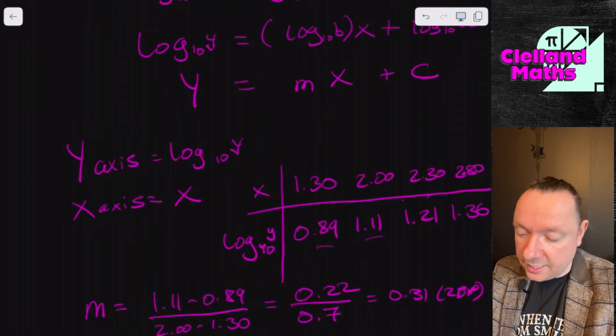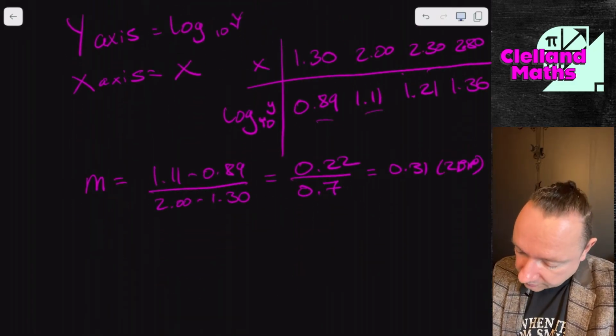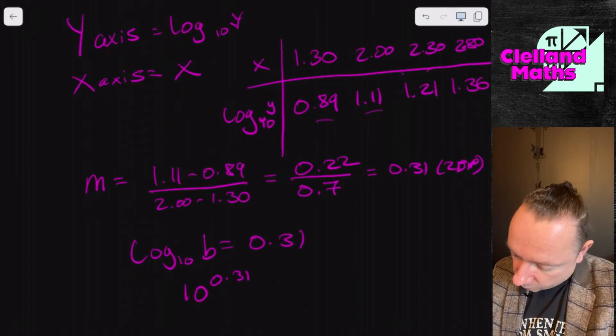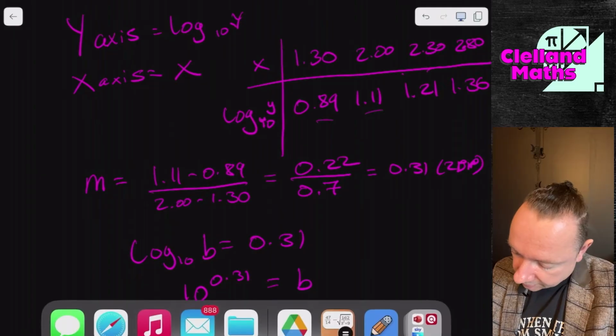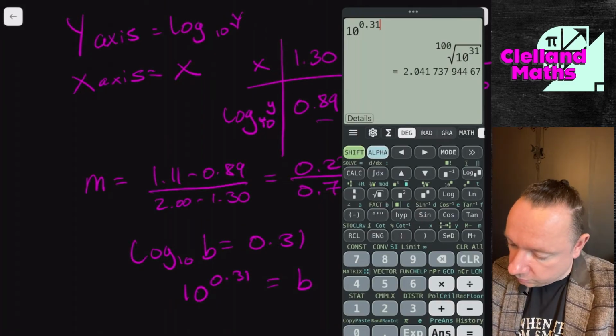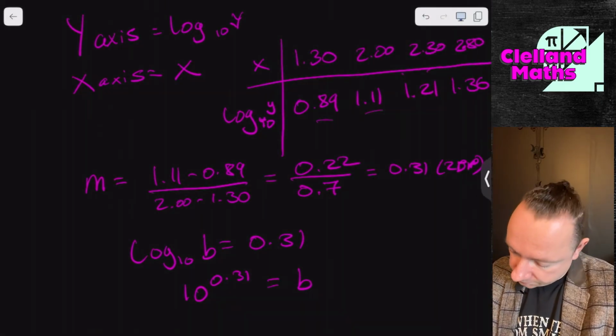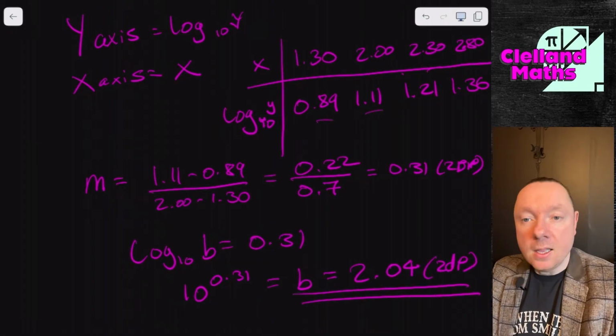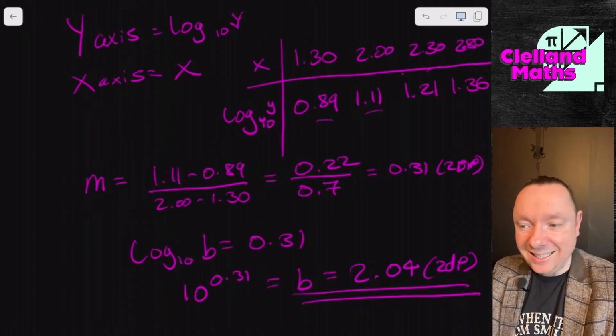But remember, our gradient is log 10 b. So that means that log 10 b equals 0.31. So 10 to the 0.31 equals b. Calculator for that: 2.04 to 2 decimal places. So there's b.